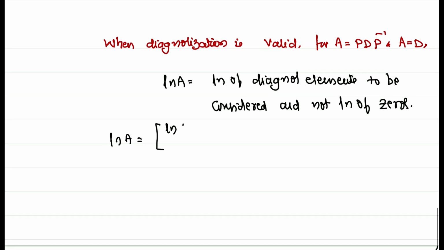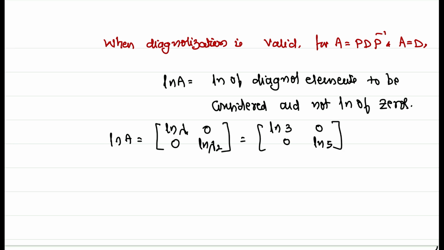That is [ln λ1 0; 0 ln λ2], where λ1, λ2 are 3 and 5. That is [ln 3 0; 0 ln 5]. Because the diagonal matrix of eigenvalues is the same as A from the previous discussion, because D is equal to A.